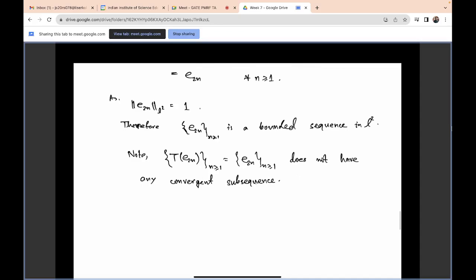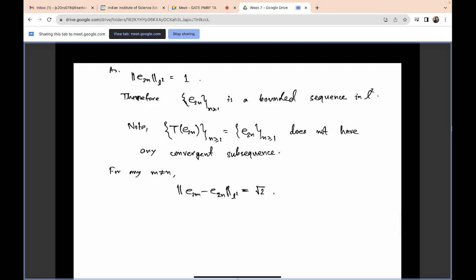Why? Because, as earlier, for any m not equal to n, the L2 norm of E2m minus E2n is again root 2. So therefore it cannot have any convergent subsequence, because then it would be Cauchy, meaning the difference should go to 0.